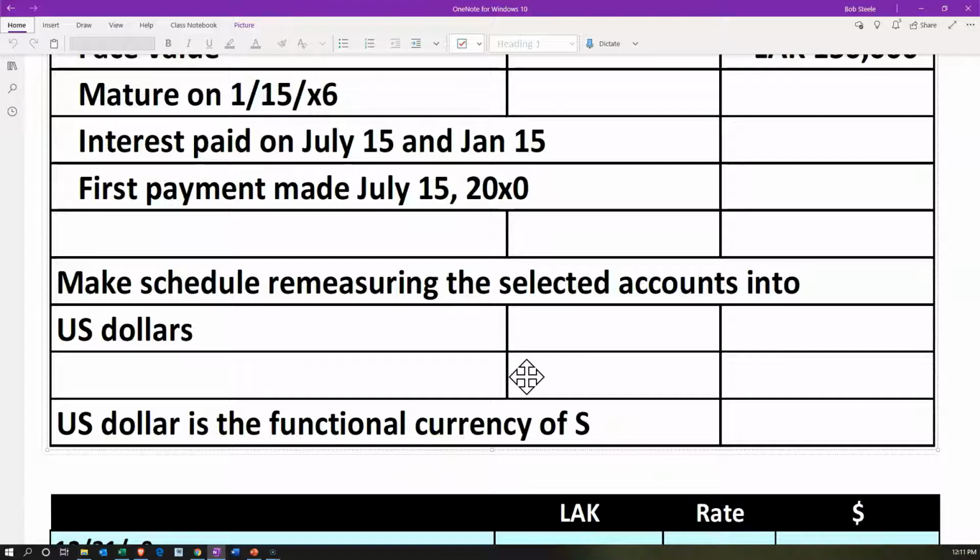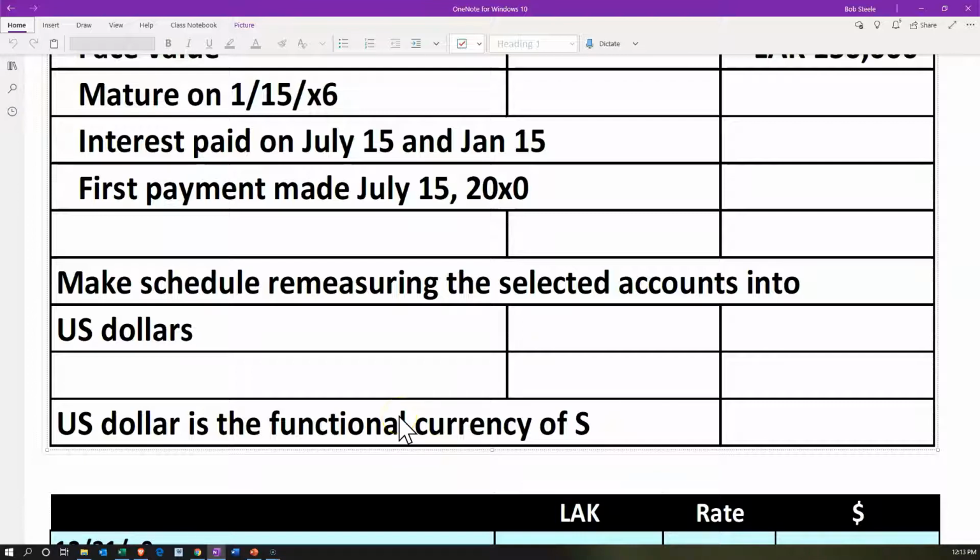If the functional currency, and you can look at the definition of the functional currency in prior presentations, is the foreign currency, then we're going to use a translation. If the functional currency is actually the US dollar, then we're going to use a remeasurement process.